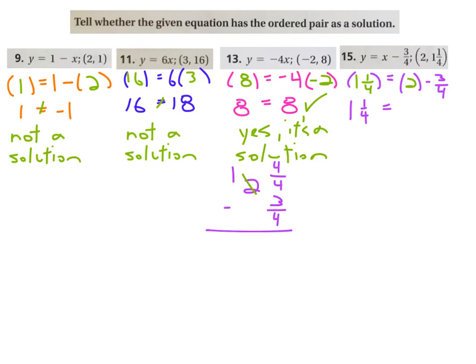Okay? So 2 is the same as 1 and 4/4 if you took one of those two and cut them into fourths. Now we have enough to do the subtraction. Now over here, we have 4/4 minus 3/4 is 1/4 because they stay what they are. I always like to say with fractions, the top number says how many you have, and the bottom number says what they are.